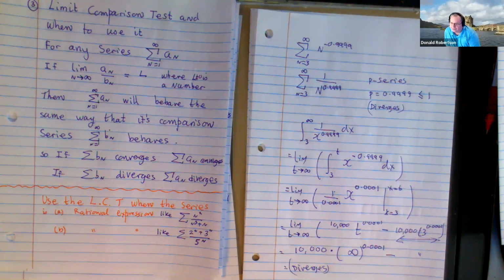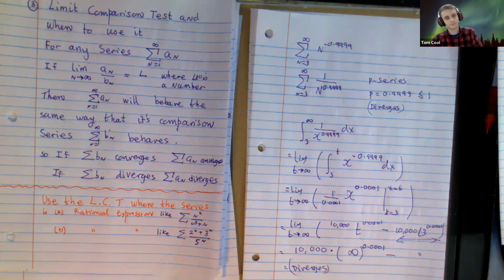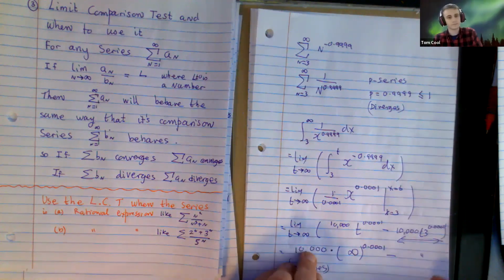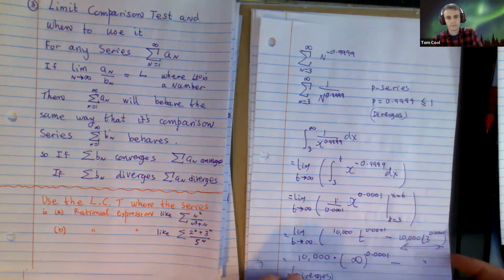If you wanted something to 2 decimal places, you might have to add up something like 1,000,000 terms. But since this thing diverges, you wouldn't even know it diverges, because even if you added up 1,000,000 terms, it'd still be huge, but it might not. Any other questions?